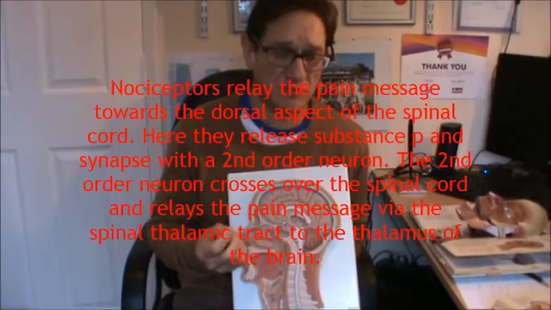So incoming nerves or sensory nerves, another word for that in medical talk is afferent nerves, bring the sensation of pain through the nociceptor cell. The nociceptor cell releases chemicals, neurotransmitters, and the neurotransmitter that it releases to indicate that there's a sensation of pain is something called substance P. Think of that P for pain.